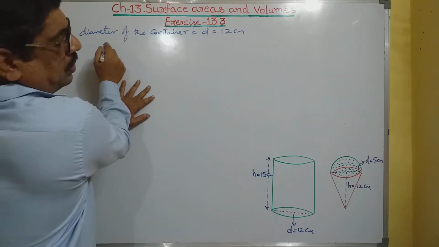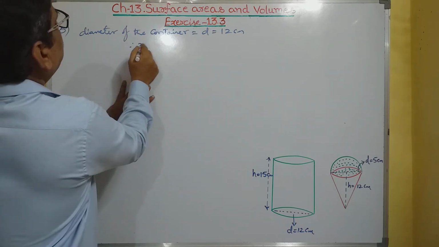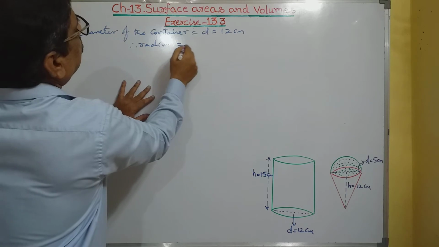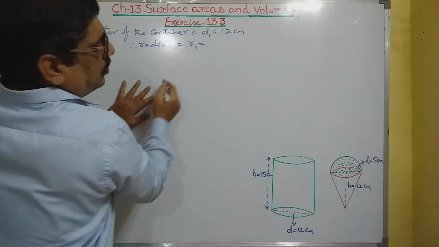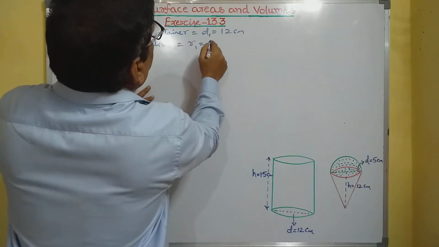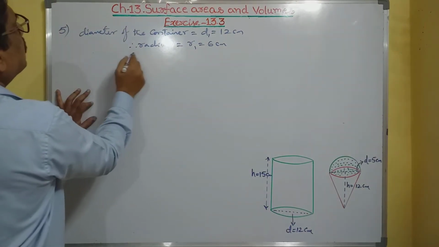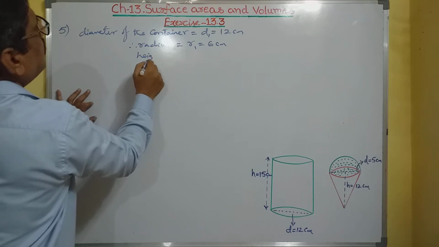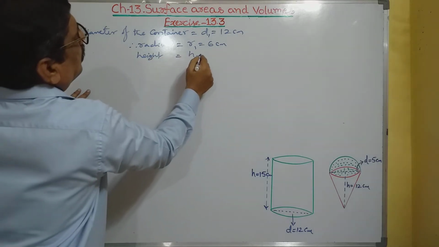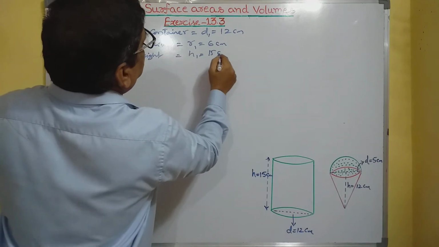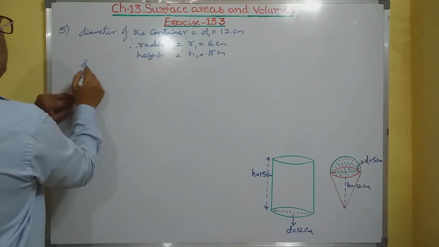Therefore, its radius, let us take it as R1. This is D1. How much is it? 12 by 2, 6 centimeters. Okay, and height. Height is given. Let us take it as H1. That is 15 centimeters. Now, diameter of each cone.